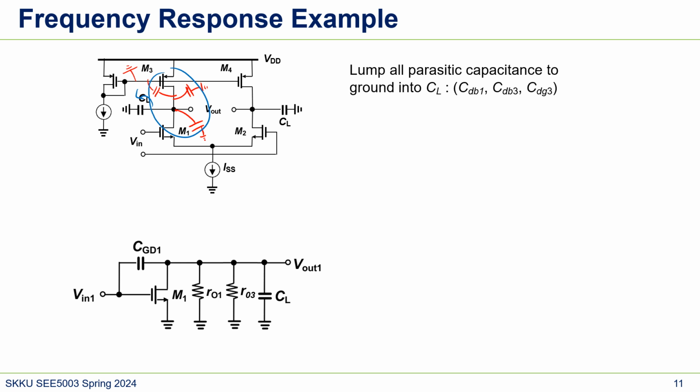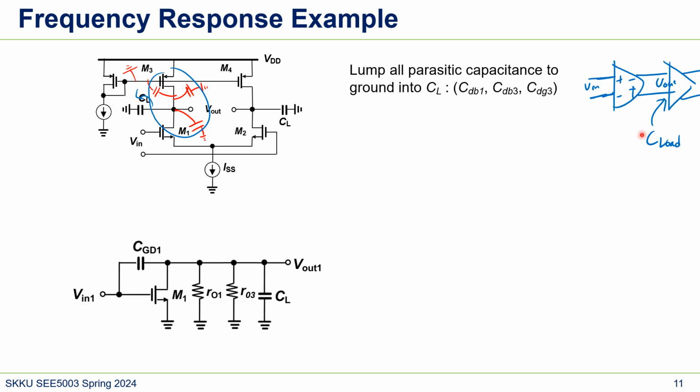Again, to clarify, CL is the load capacitance. When we use an amplifier, it means that we need to drive something, right? Let's say this is the amplifier, with V in and V out. There can be another amplifier, and this is C load, because if another amplifier follows our target amplifier, it has its own input capacitance.